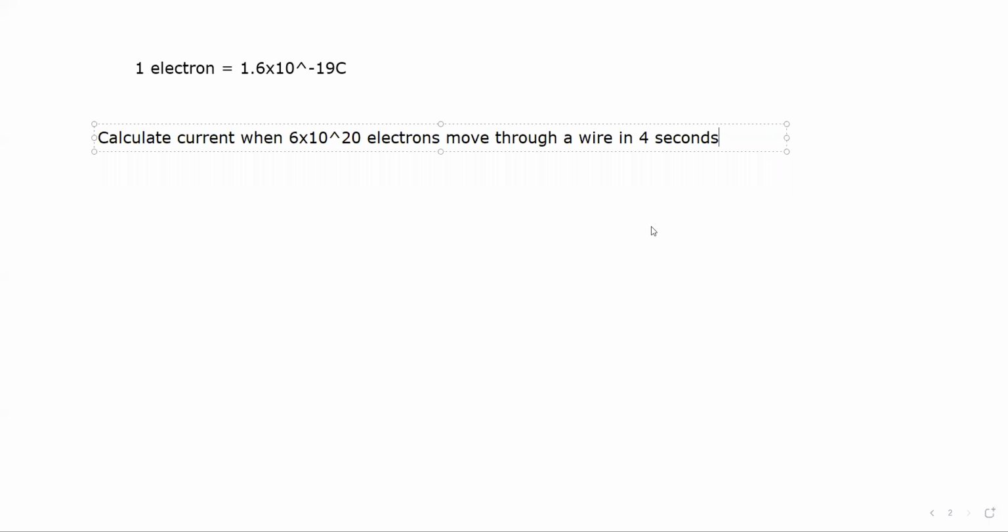So calculate the current when 6 times 10 to the power 20 electrons flow through a wire in 4 seconds.